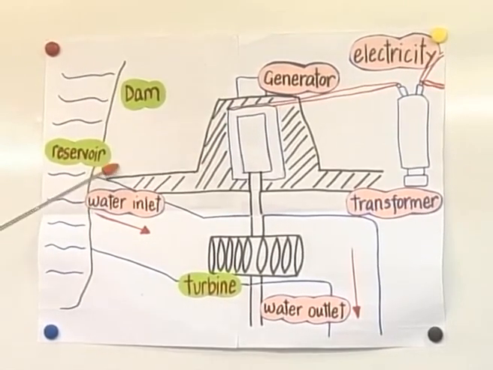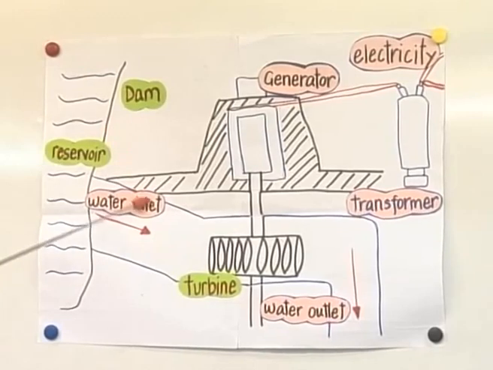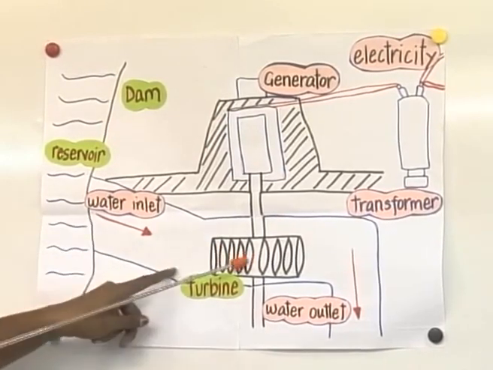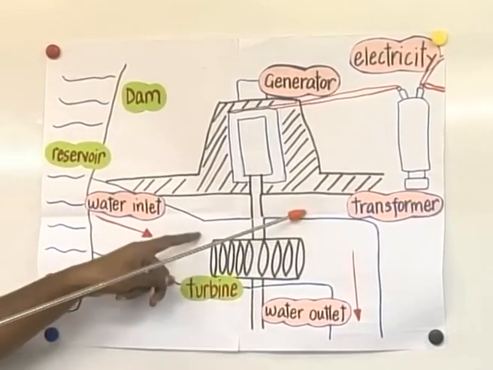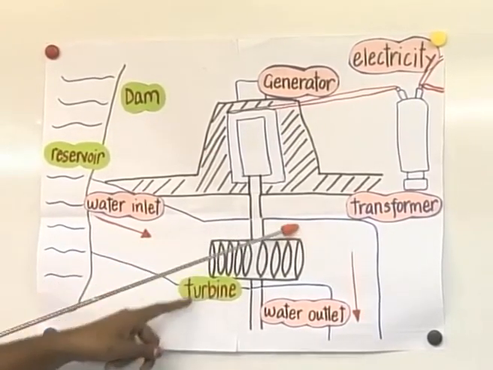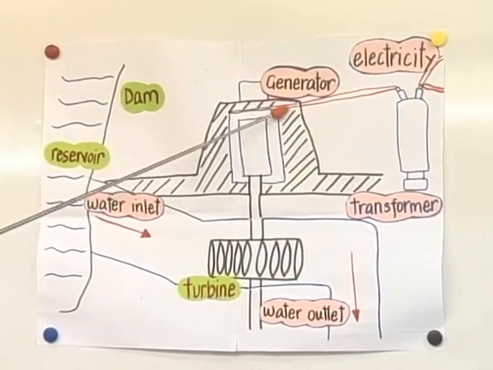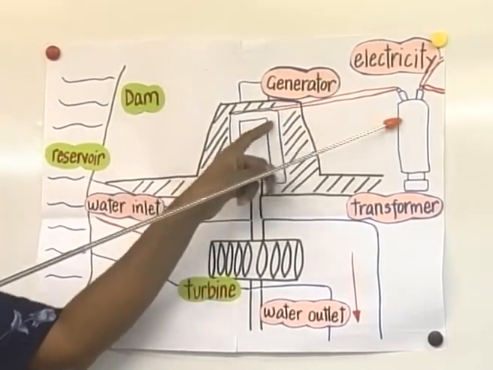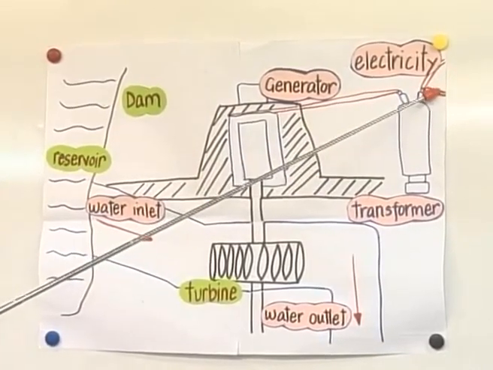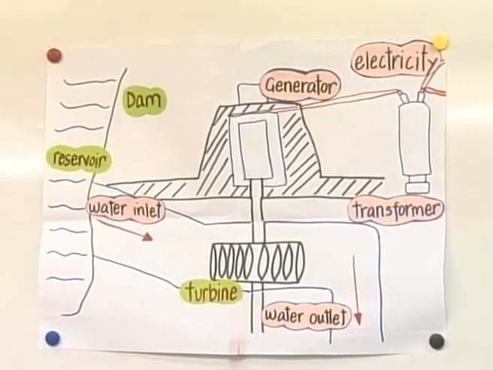So from the dam, from the reservoir, water flows into the water inlet, down to the turbine, which drives the turbine, and then starts the generator. The generator changes the mechanical energy into electricity, or electrical energy, and that's how we have electricity.